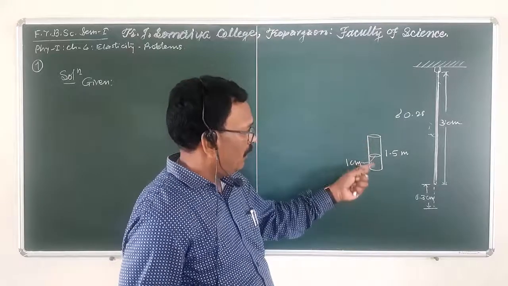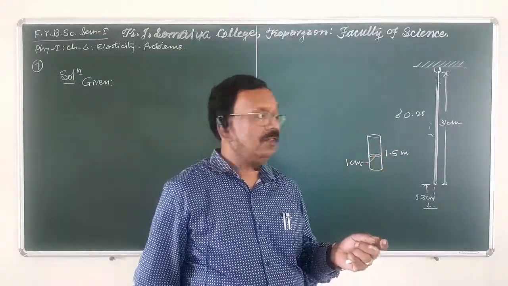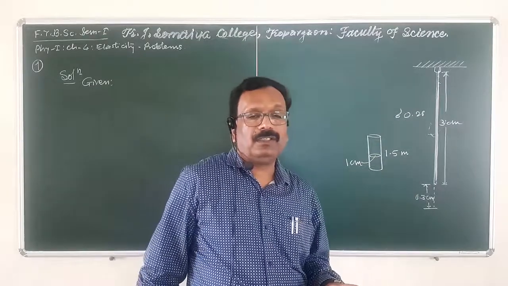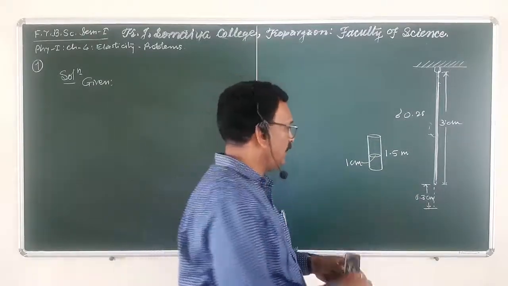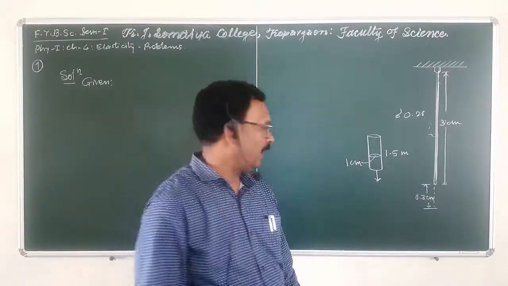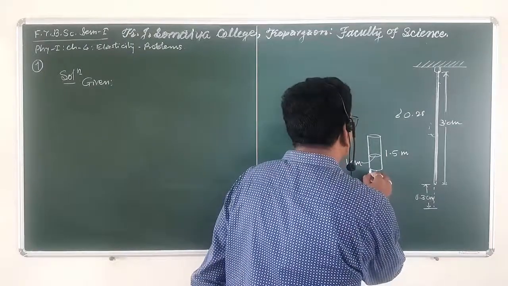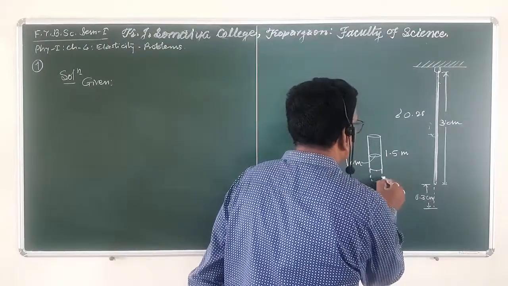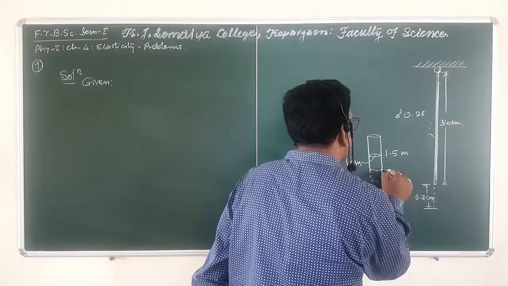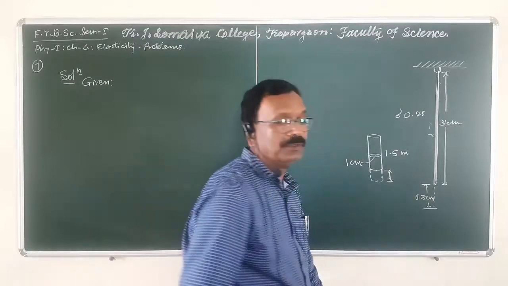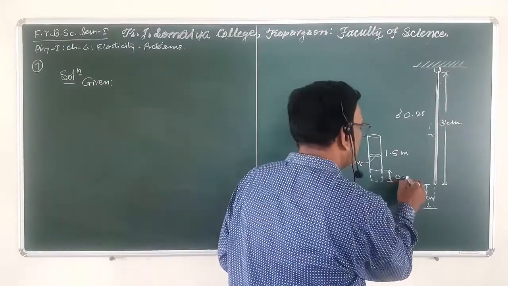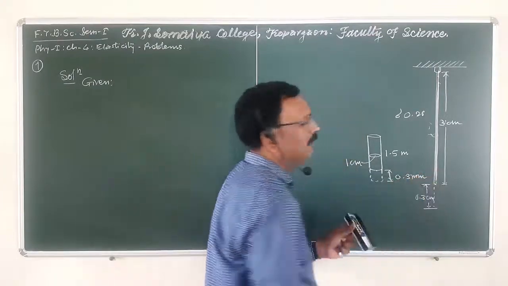You have a cylindrical metal rod whose length is 1.5 meter and cross section diameter is 1 centimeter, and when we apply some force, the rod is stretched and the extension or elongation produced in the rod is 0.3 millimeter.